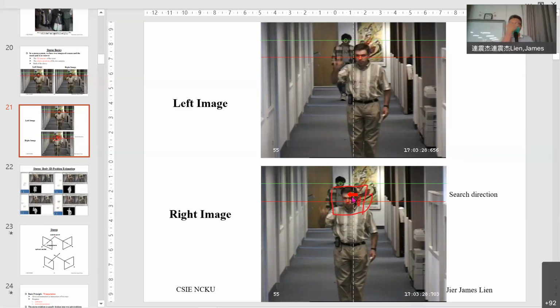So if the robot has two eyes, two cameras, right? So what's real time?